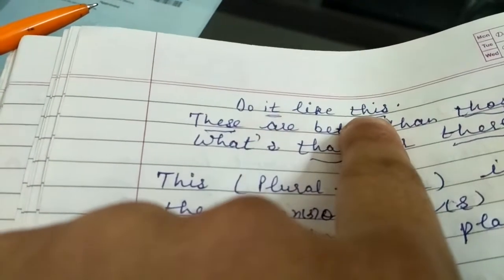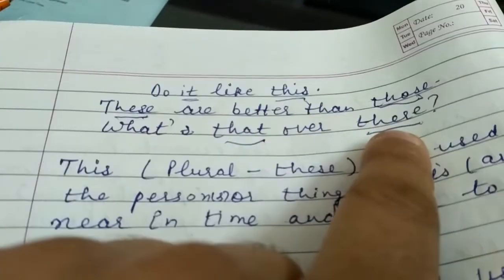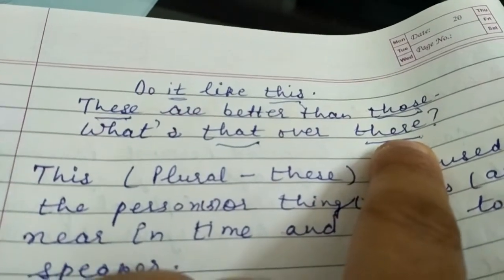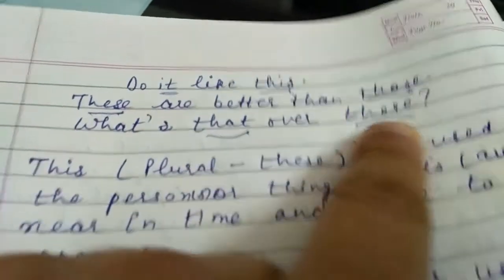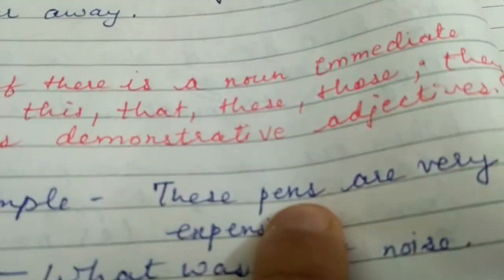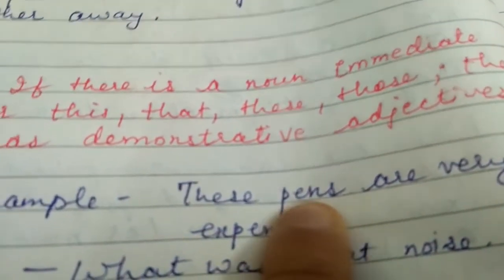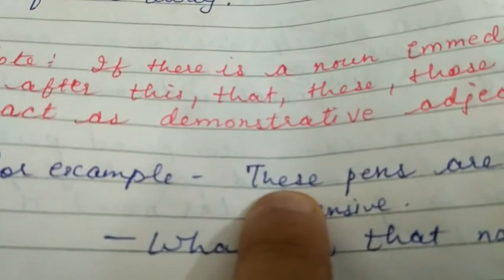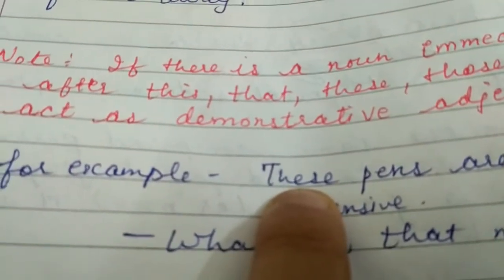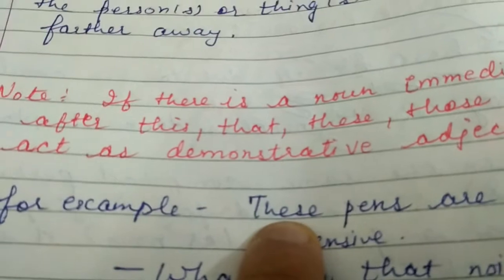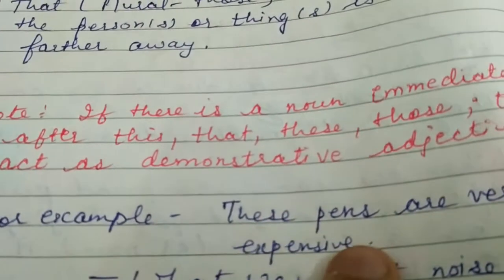Here after this we have nothing. So here also we don't have any noun immediately after these. But in these examples, these pens, pens is a noun. So here it is these, it looks like a pronoun, but it is acting as a demonstrative adjective. So you have to take care.